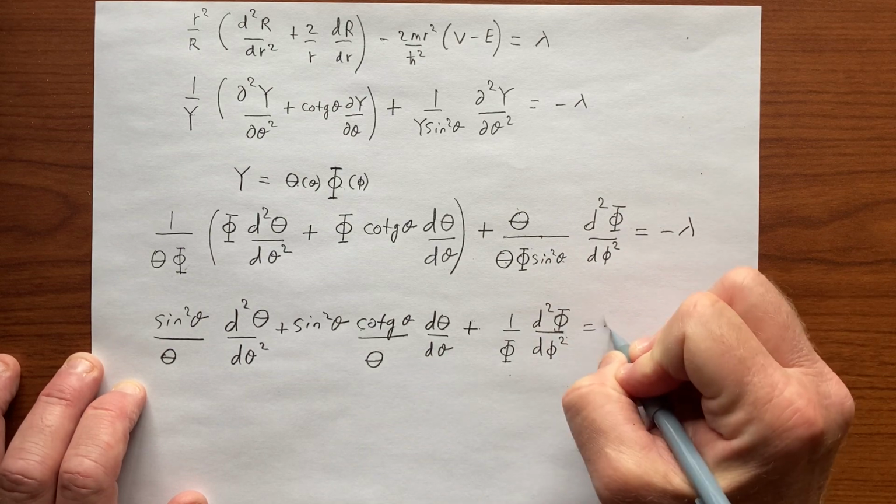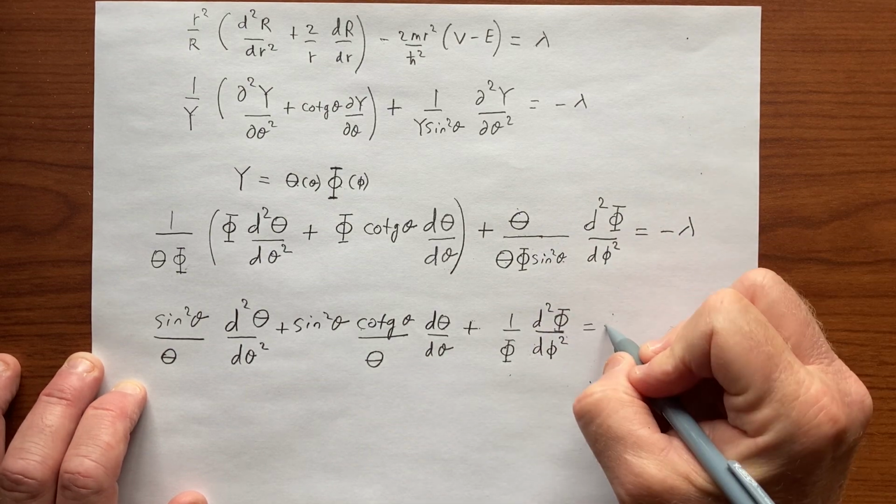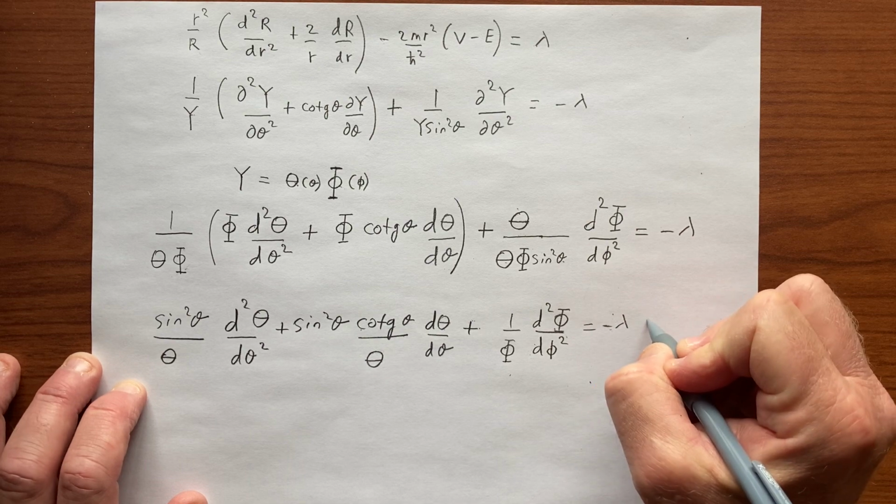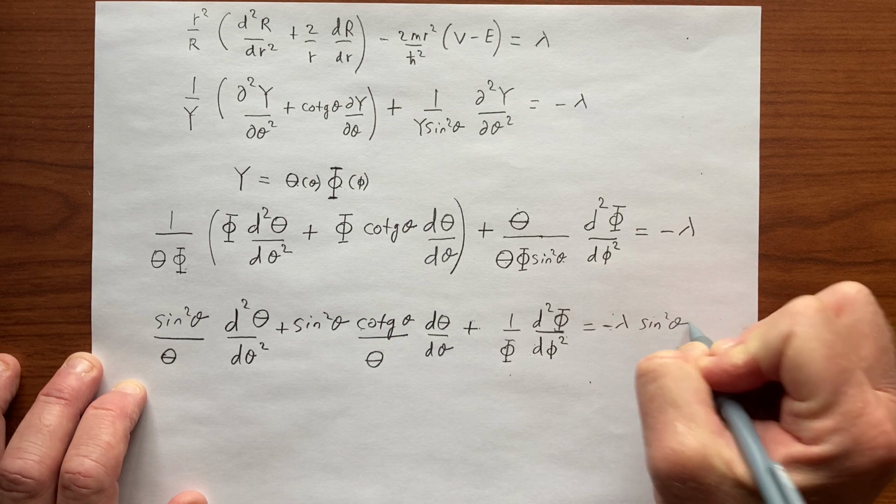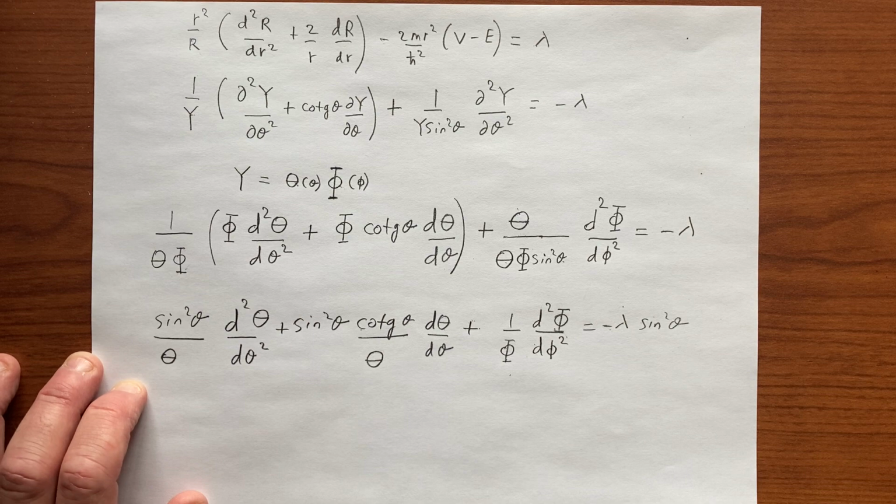And that has to be minus lambda times sine squared of the theta variable.